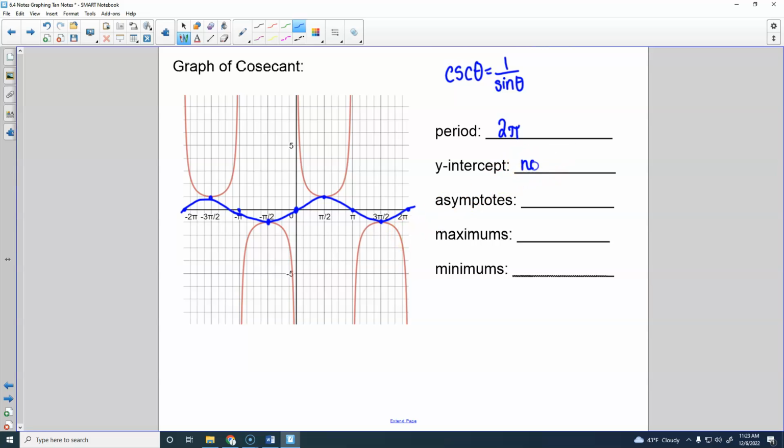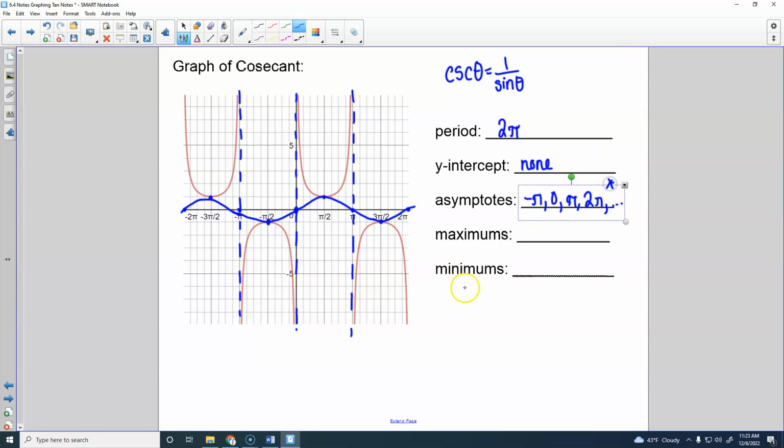You do not have a y-intercept. You will have vertical asymptotes at negative pi, 0, pi, 2 pi, and so on.